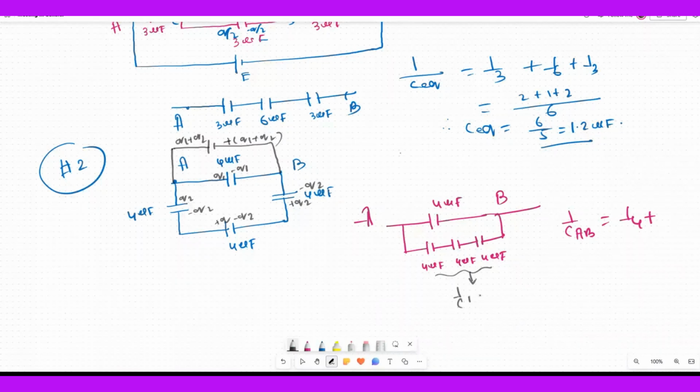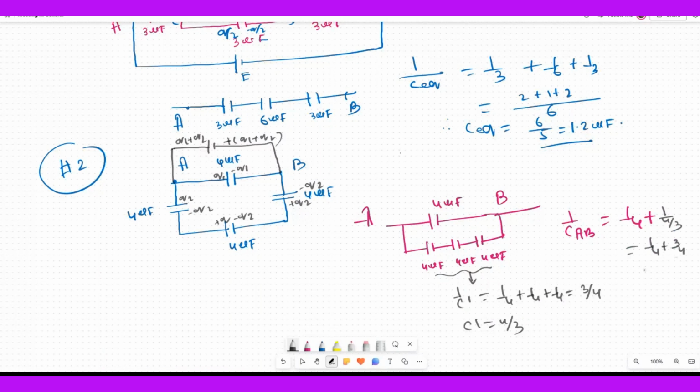That is 1 by C dash, 1 by 4, 1 by 4, 1 by 4, that is 3 by 4. So C dash is going to be 4 by 3. So this is 1 by 4 plus 3 by 4. It is 1 microfarad. So if you take the reciprocal, then also it will be 1 microfarad.